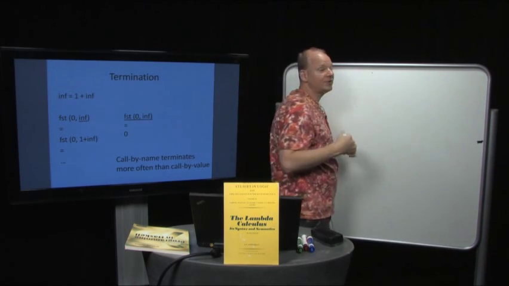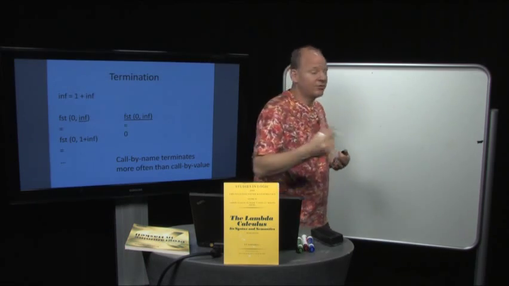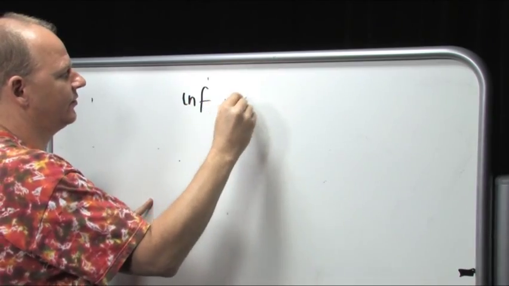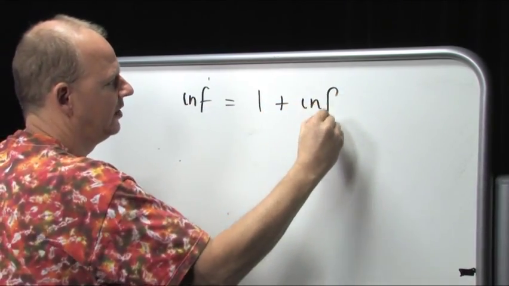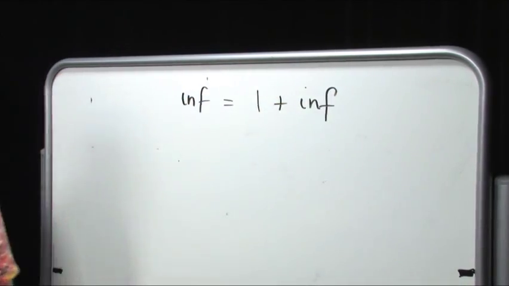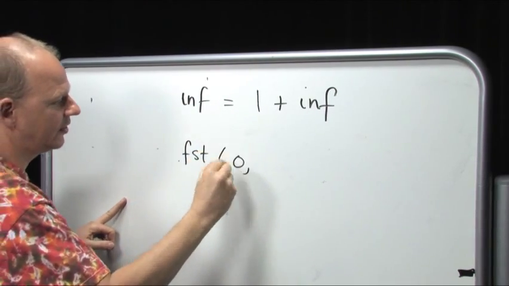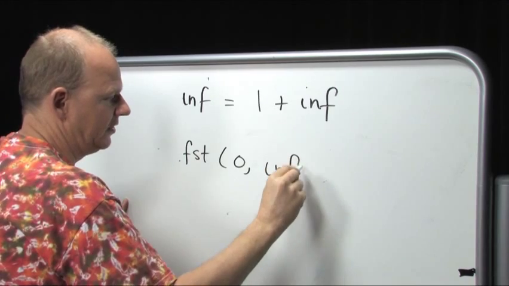So what do I do? I just add 1 to itself infinitely many times. So I say inf equals 1 plus inf. So this is a recursive definition. And let's use that. Let's look at the expression first of the pair with 0 and inf.